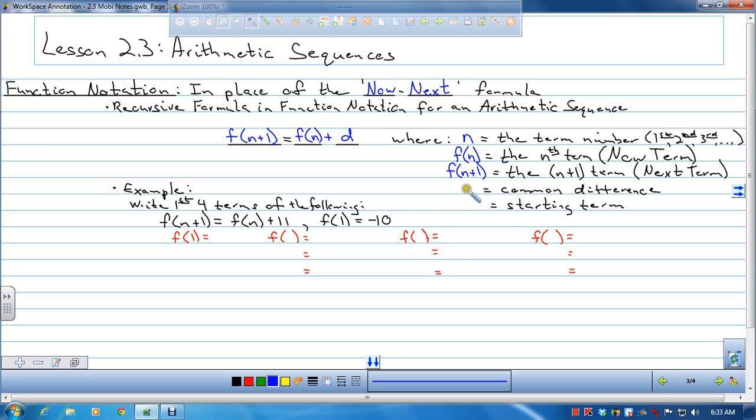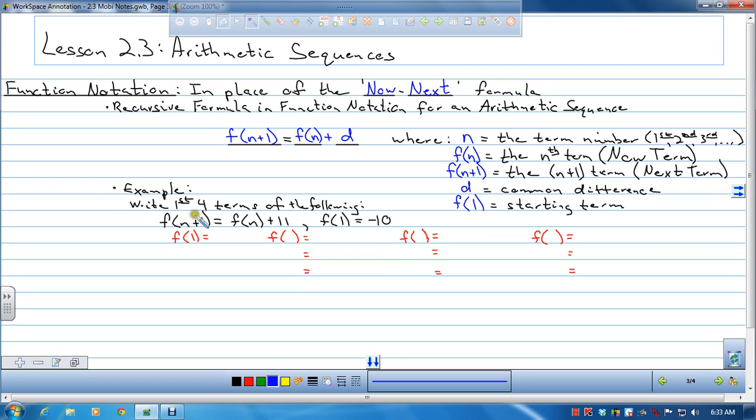Okay. As we know from the previous slide, D represents the common difference, and that can be positive or negative, remember. And it's also important to know that f of 1 will be our starting term here.